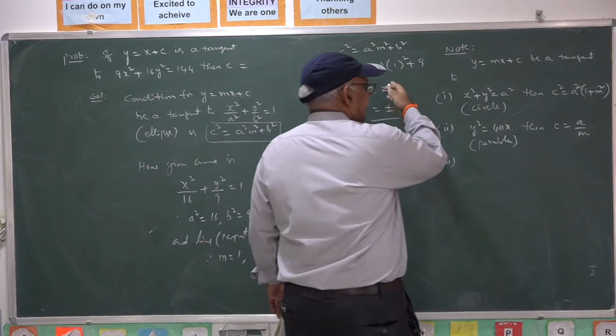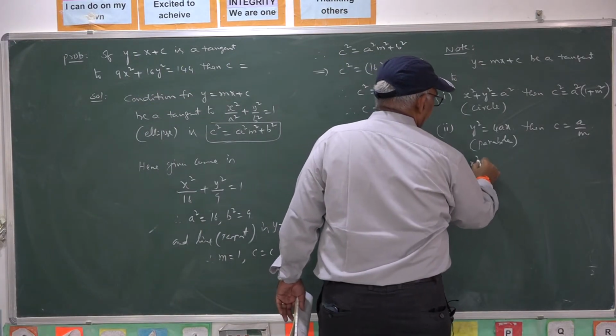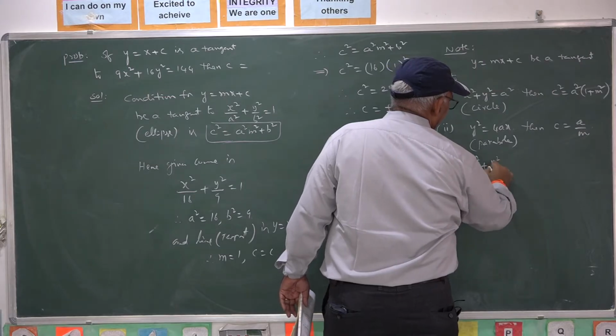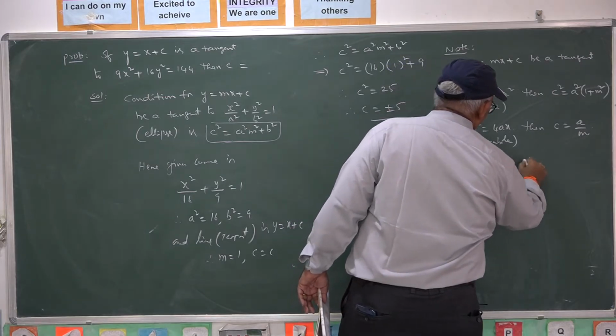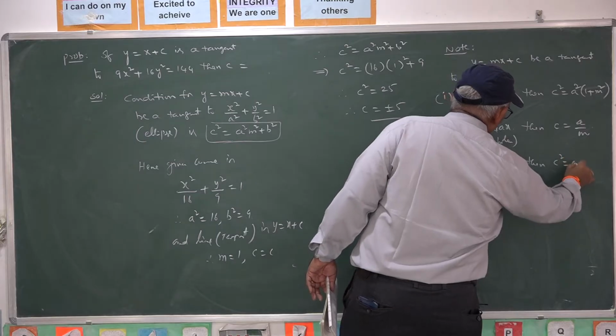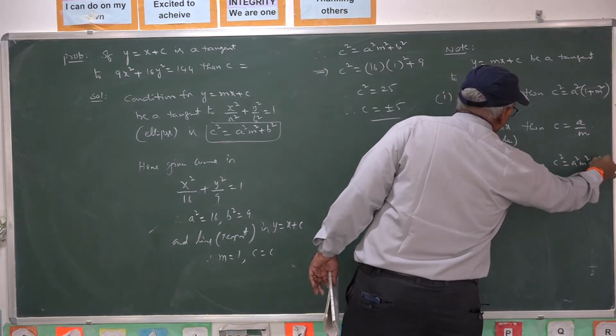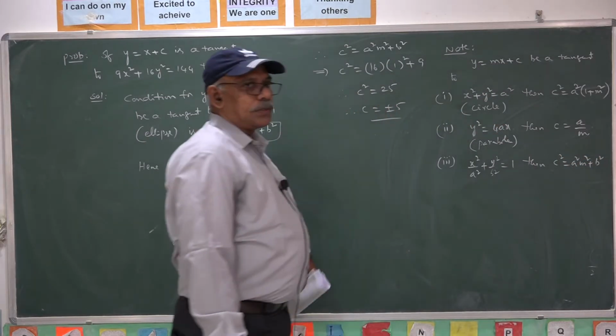For the ellipse x square by a square plus y square by b square equal to 1, the condition is c square equal to a square m square plus b square.